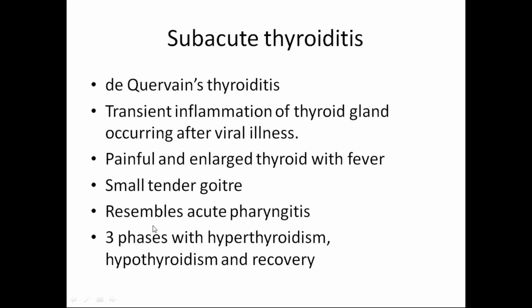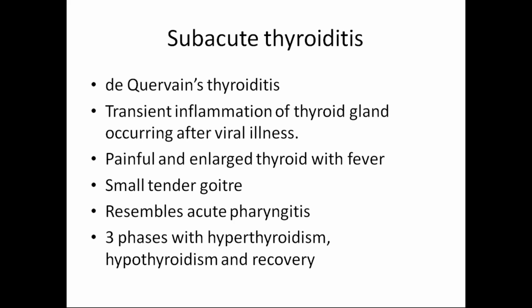There are three phases in subacute thyroiditis. The first phase is the phase of hyperthyroidism. This hyperthyroidism is caused by the accumulated thyroid hormones in the gland.